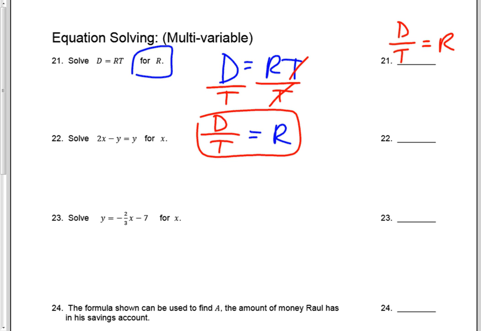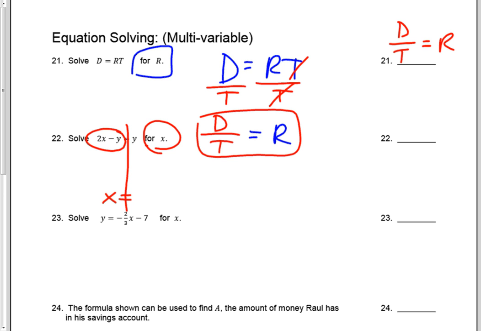So look at number 22. What are we trying to get alone? This time x. So put a line, put x all by itself. Your job is to get rid of all the other stuff on that side. So how do we get rid of minus y? Divided by y?